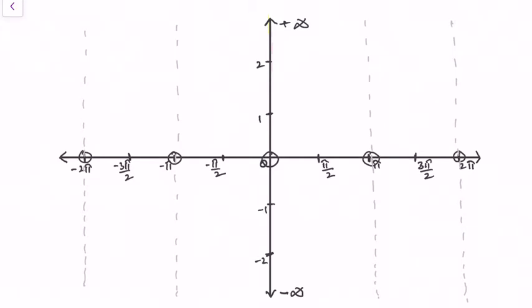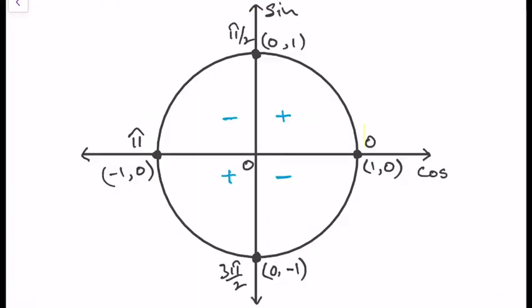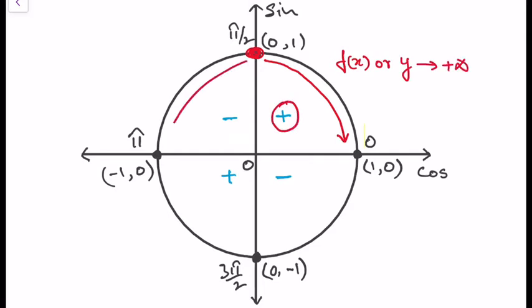Now let's look into the behavior of this function when x is approaching towards 0 or it is approaching towards pi. So from pi by 2, when x is approaching towards 0, then fx or y will be approaching towards plus infinity. And when x is approaching towards pi, then fx or y will be approaching towards minus infinity.